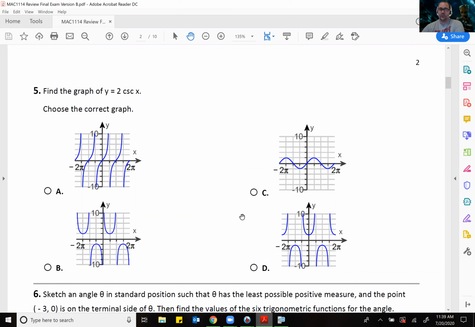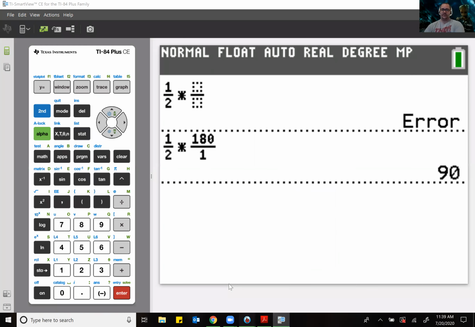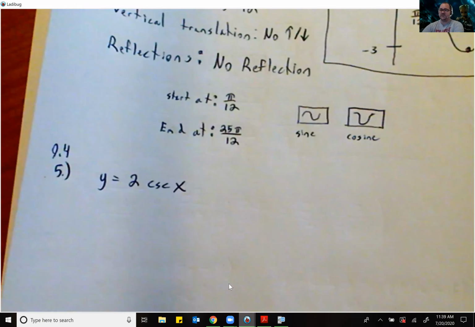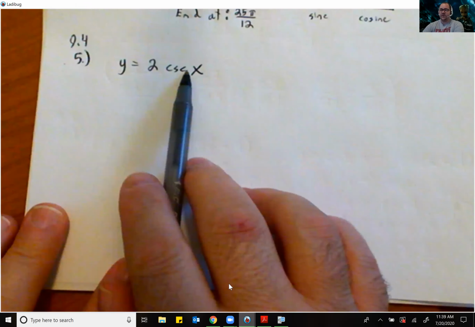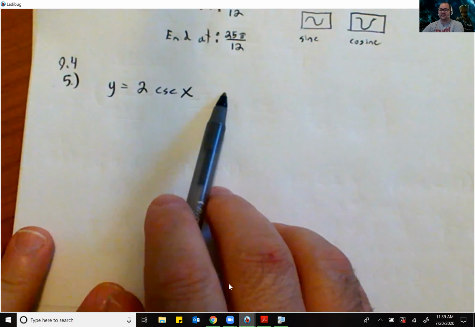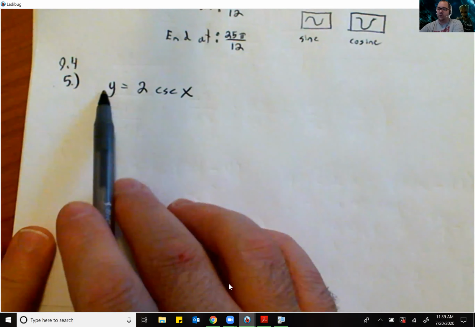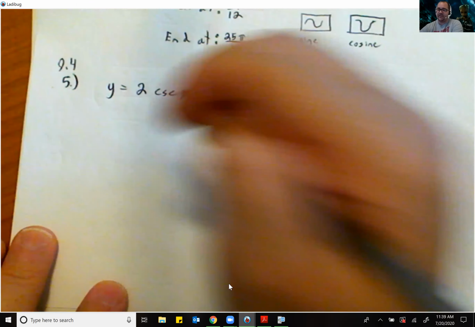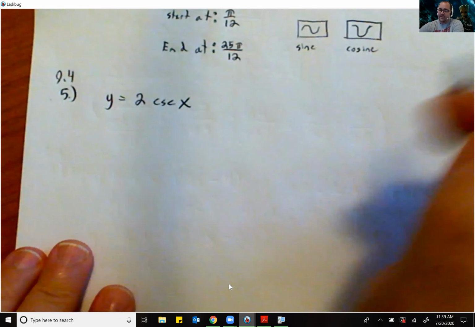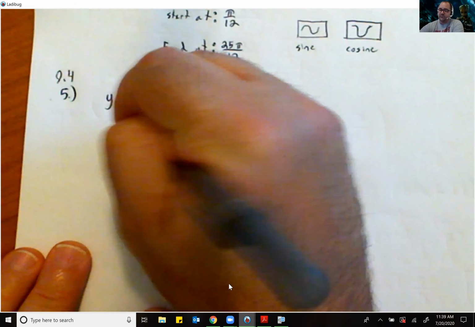So really, all you have to worry about in this is the amplitude, because there's no B and D. There's no C in front. So the only thing you have to worry about is the amplitude. That amplitude is 2.